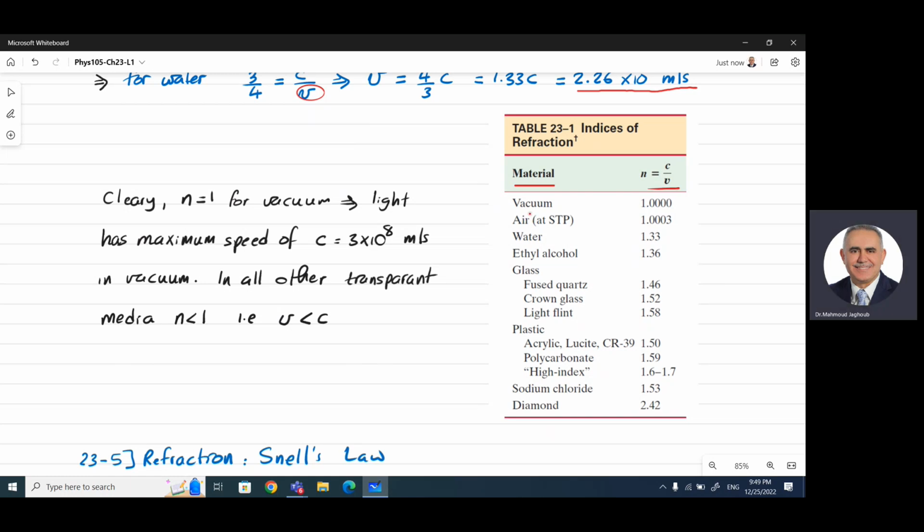For air we mostly treat it as vacuum. For air at standard temperature and pressure it is 1.0003, which is almost 1. So when we deal with light traveling in air, we assume its speed is c. It is actually slightly less than c, but for our calculations we can take the index of refraction of air as 1, as if we treated air as vacuum. Notice that for water it equals 1.33, ethanol alcohol equals 1.36, and glass, depending on the type, 1.46, 1.52, 1.58 and so on.